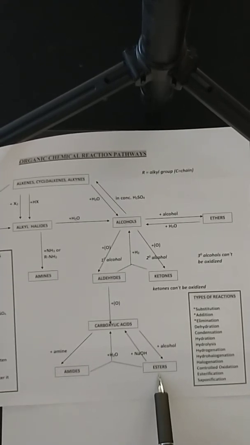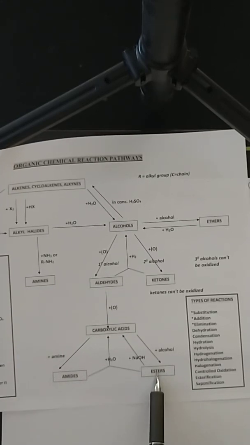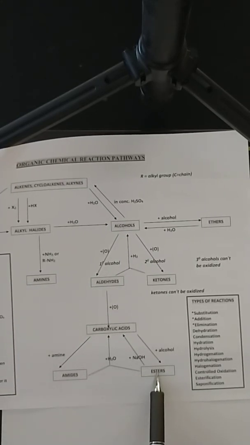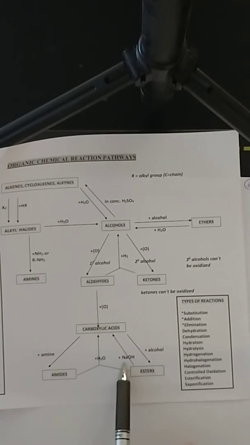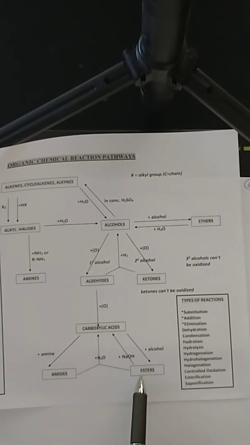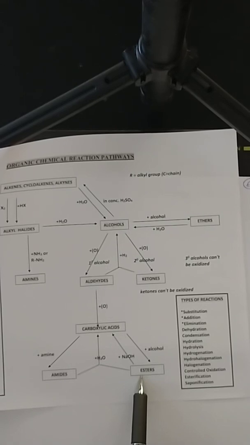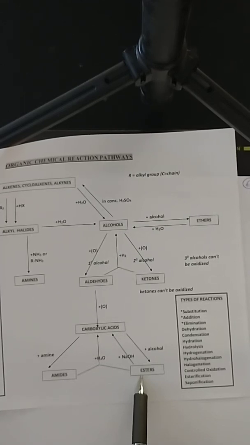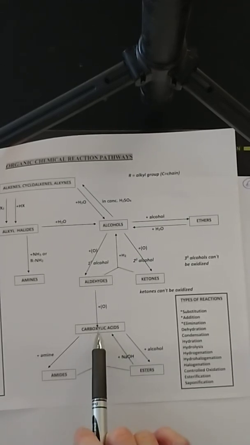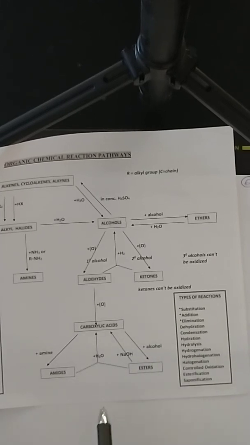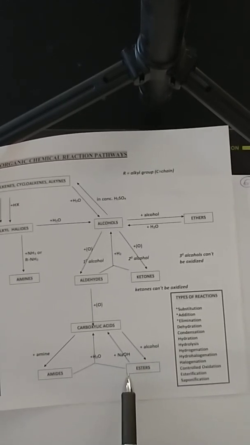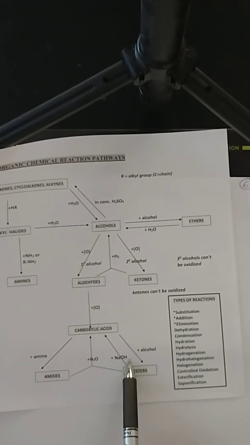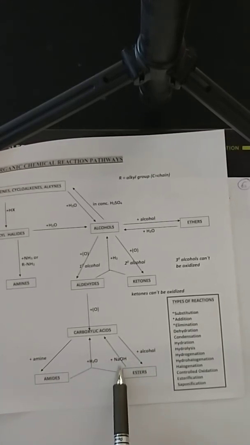So we're going to cut, but instead of cutting with water, we're going to cut with an alkaline substance, which is NaOH. So you can do a hydrolysis of an ester by adding water to create an acid and an alcohol, or you can do what's called an alkaline hydrolysis, which is the soap making process, saponification, where we add an inorganic base to it.